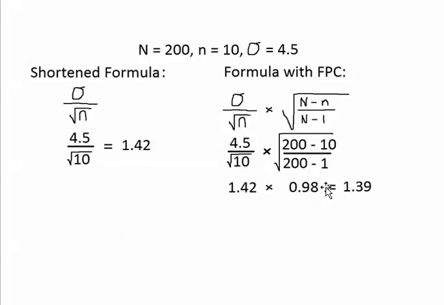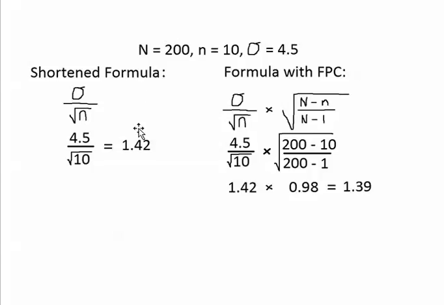So the two answers do come out about the same. The reason why they come out about the same is because the population is 20 times larger than the sample. This answer is technically correct, and this answer is a little bit off. So the point that I'm making is that the shortened formula gives us an answer that's roughly correct, but not perfectly correct.